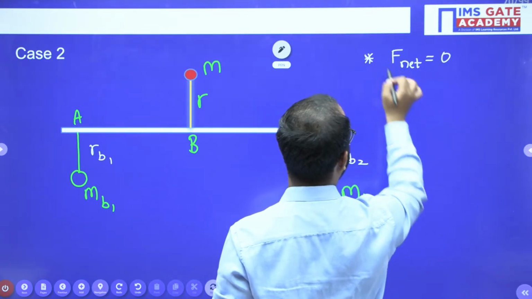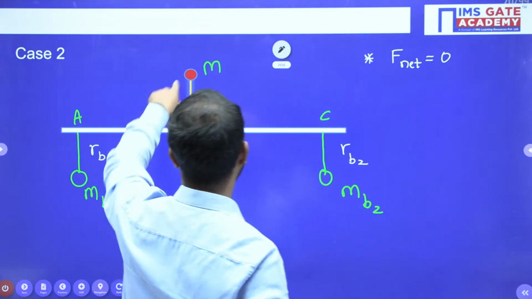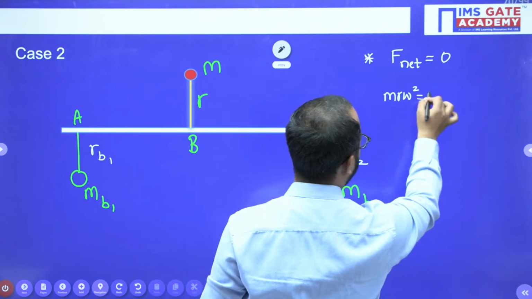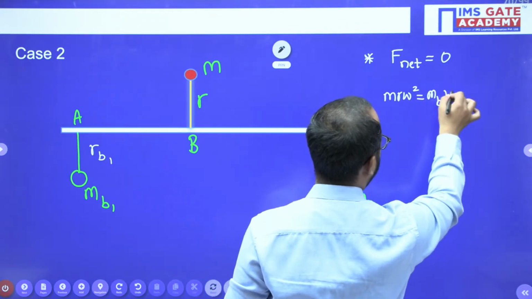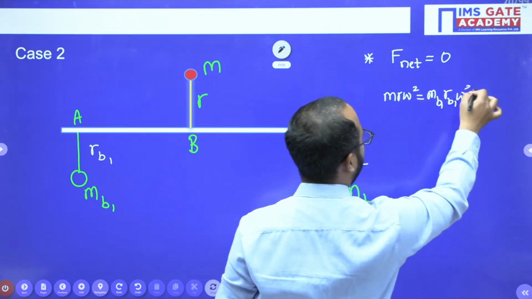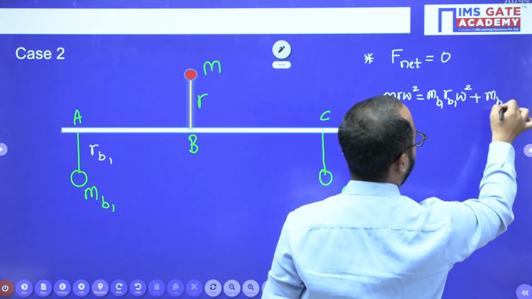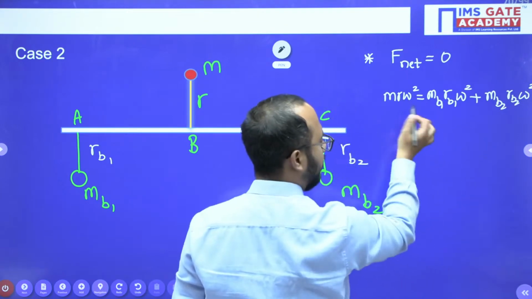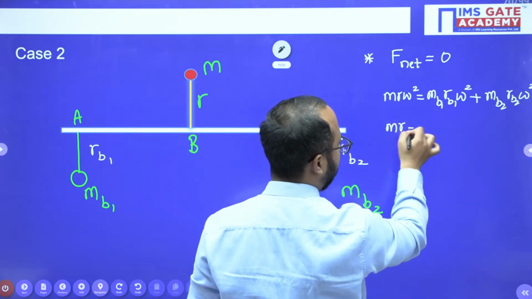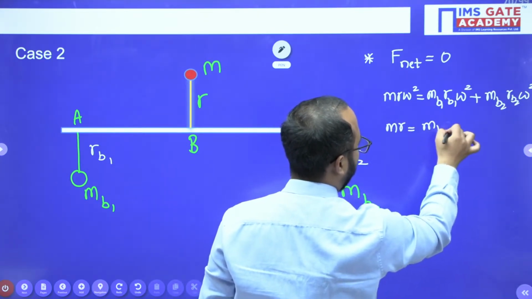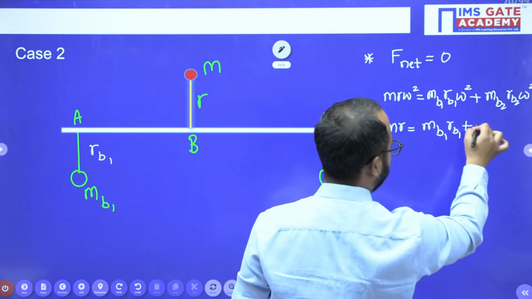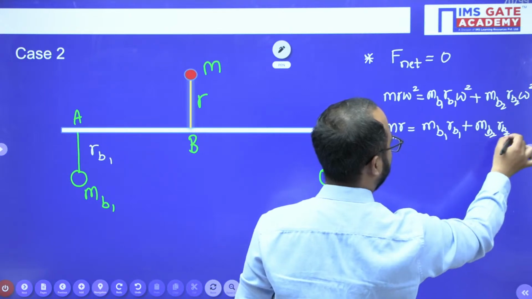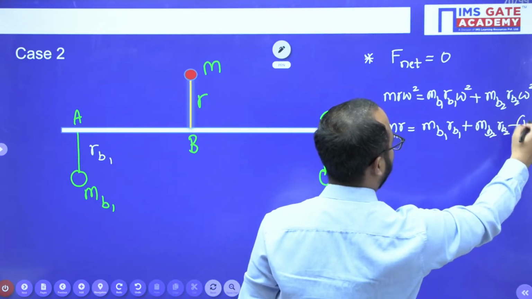This is the first equation. Now how we will use it here? mr omega square equals mb1 rb1 omega square plus mb2 rb2 omega square, like this. So omega square will cancel out. You will have mr equals mb1 rb1 plus mb2 rb2. So this will be the first equation that you can utilize.